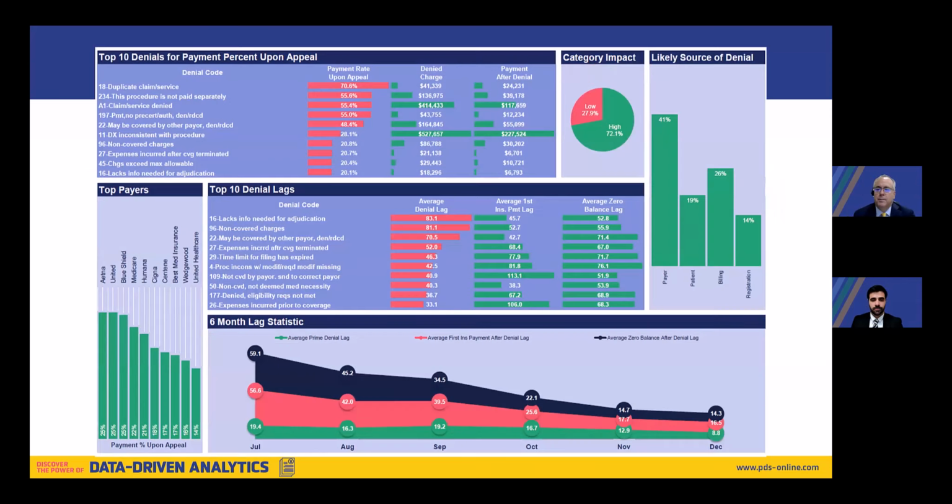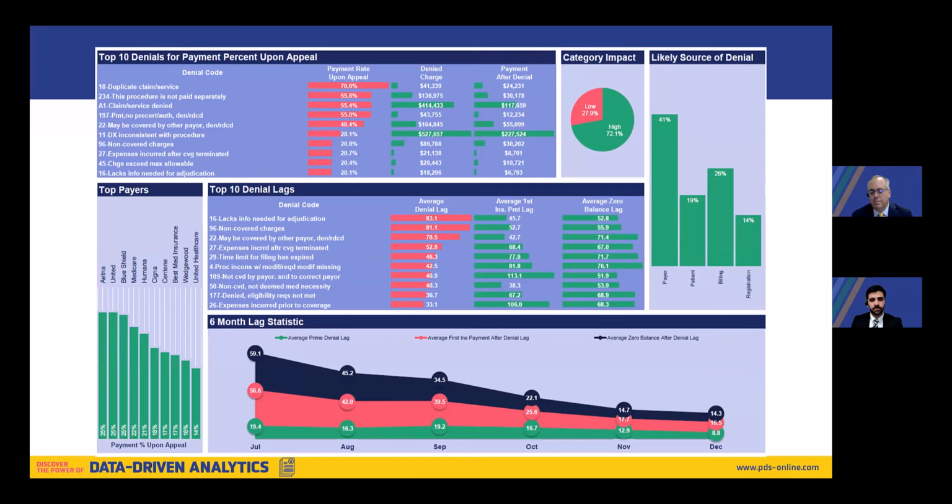And in doing so, when we start to look at reports, if you look over here on the right side of the screen, this is just a static visual dashboard, but you can see we can then start to categorize where the likely sources of denials are coming from. Are they registration issues? Are they billing issues? Are the issues related to the information the patient might have given us? So it's a great place to start by being able to sort out the denial categories.